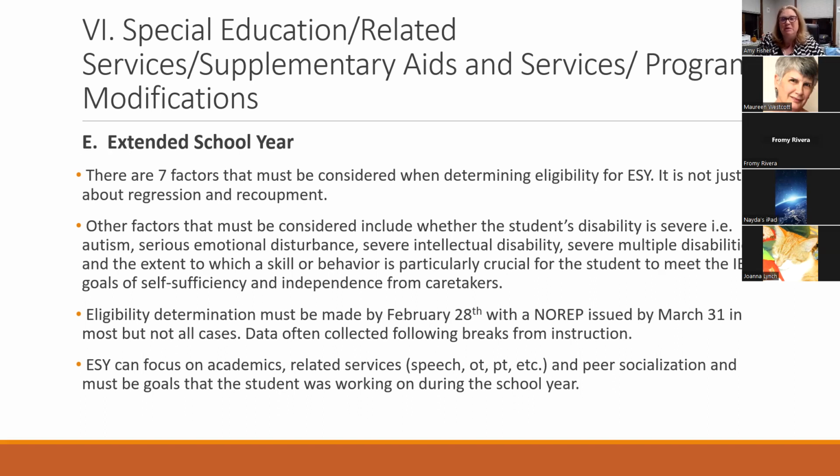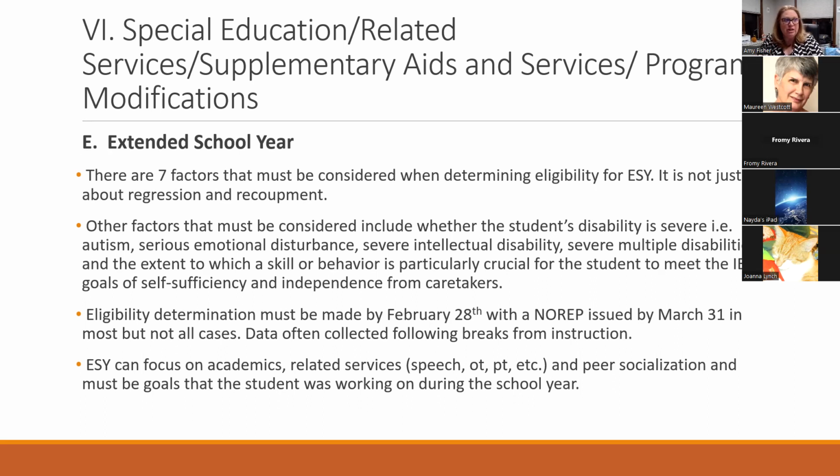Well, there should be an independent living goal in your IEP. That way, when the school would like to talk about regression and recoupment, you can say, well, in addition to regression and recoupment, I would like to talk about a skill that's particularly crucial to support independent living. That's another reason we should be talking about ESY.